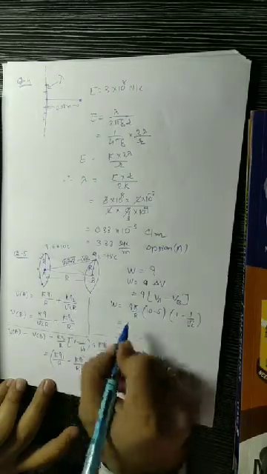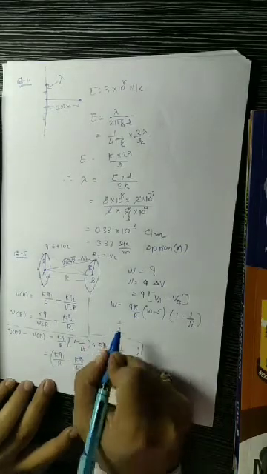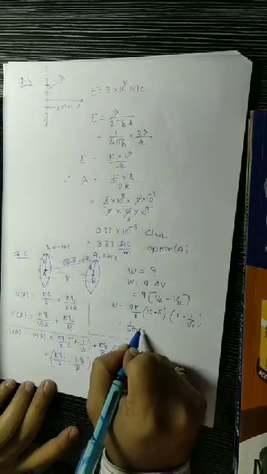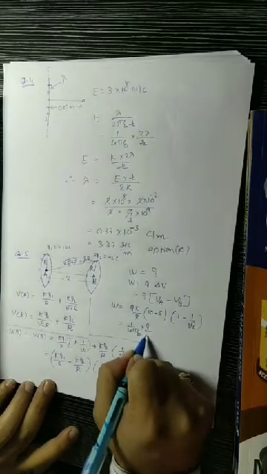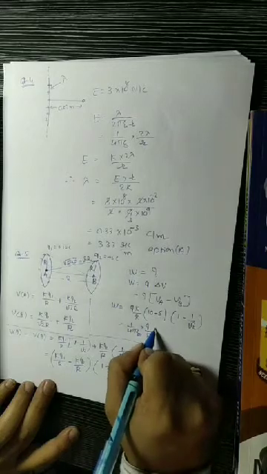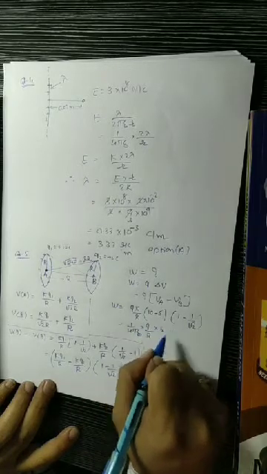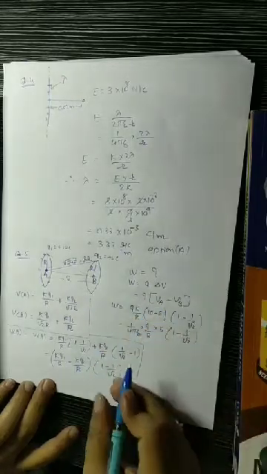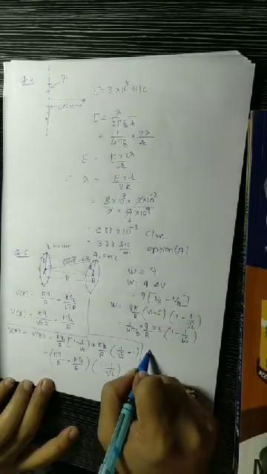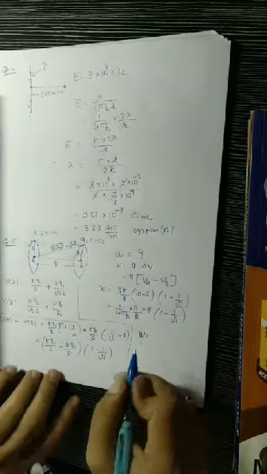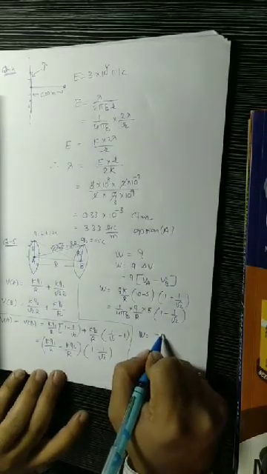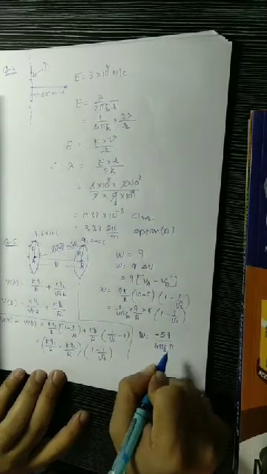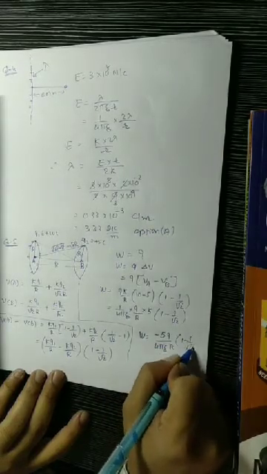So now 1 upon 4 pi epsilon 0 into small q upon R into 5 in bracket 1 minus 1 upon root 2. So this is a minus b. Now actually work done is final minus initial, so we have to take the negative sign. So this will be minus 5 into q upon 4 pi epsilon 0 R, 1 minus 1 upon root 2.